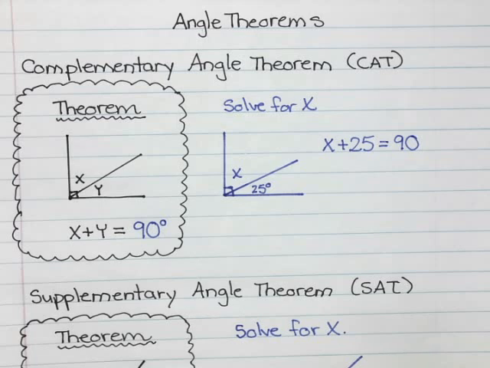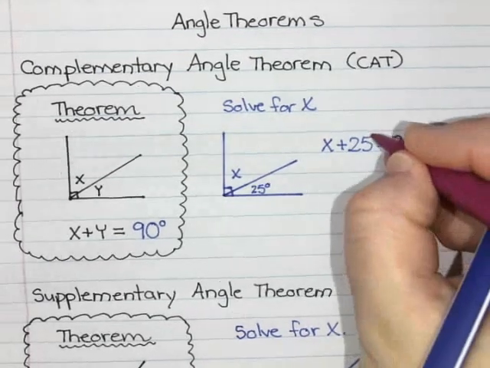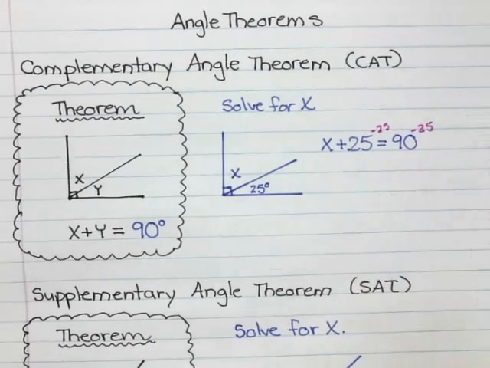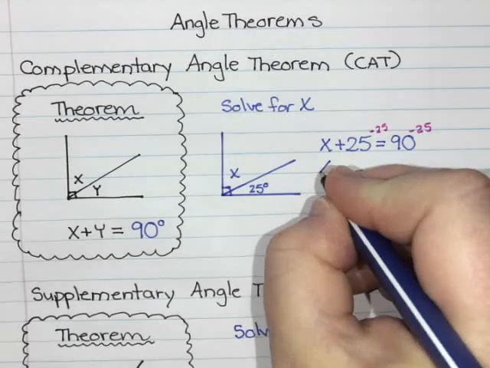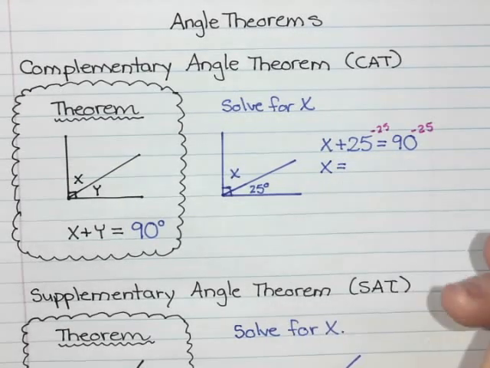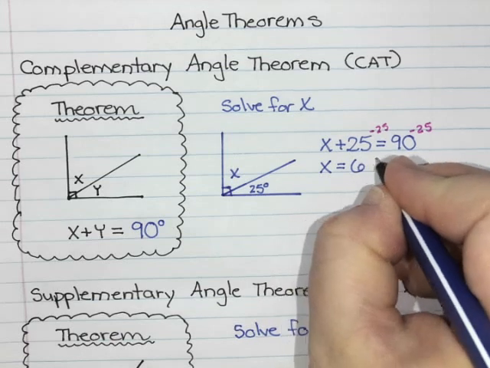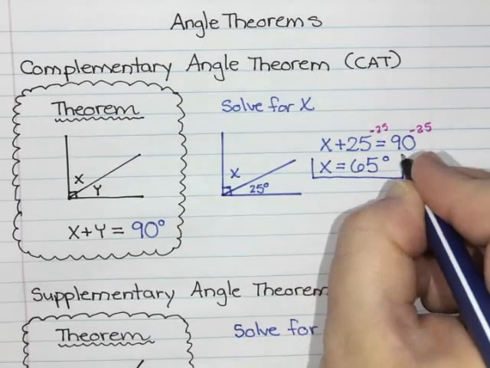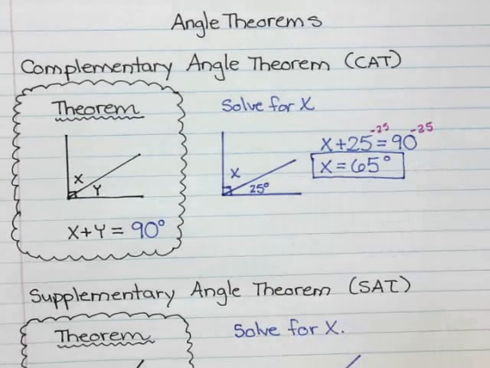And then from here, I'm just going to use my equation solving skills by subtracting 25 from both sides to get that x equals 90 take away 25, which is 65 degrees. So x should be 65 degrees.